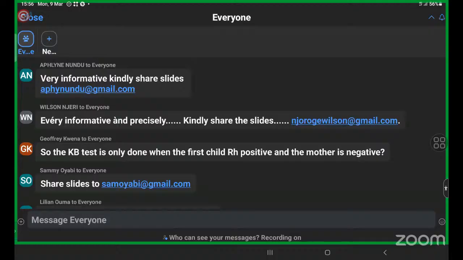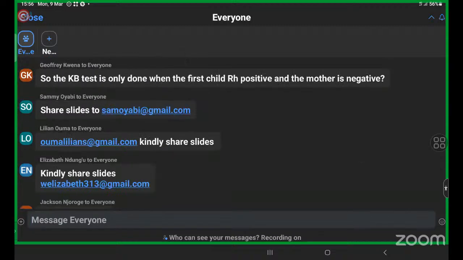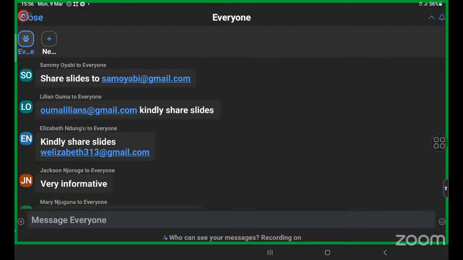And unfortunately, maybe her body was sensitized. This is what we call isoimmunization. Or a graft was transplanted to this mother, which is not associated with pregnancy.